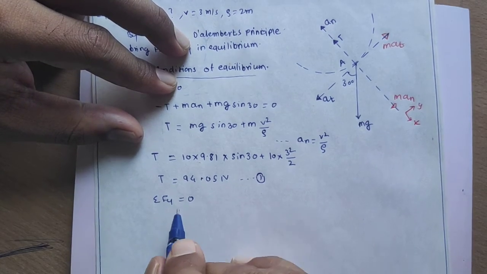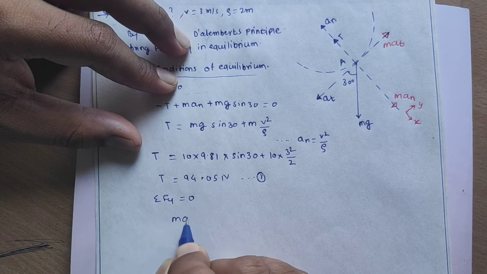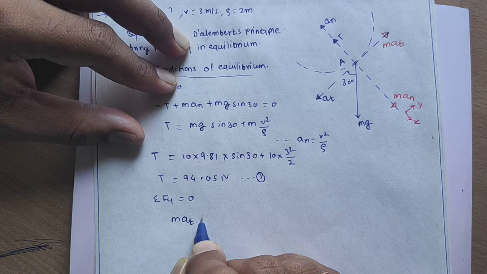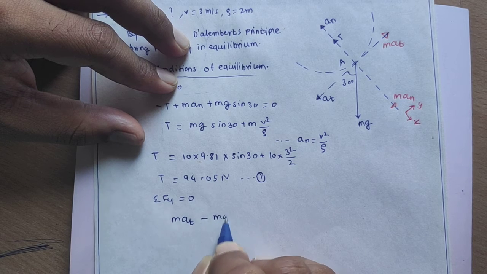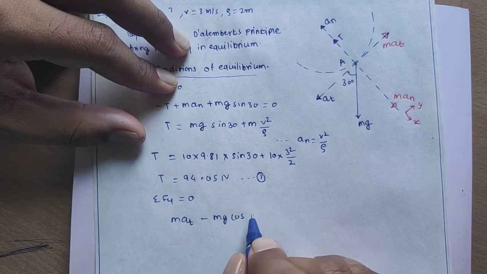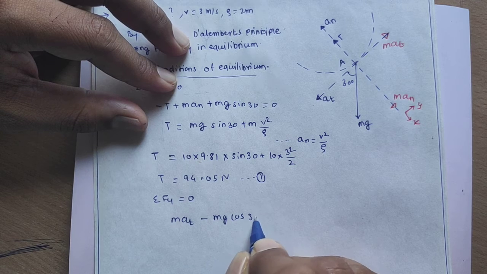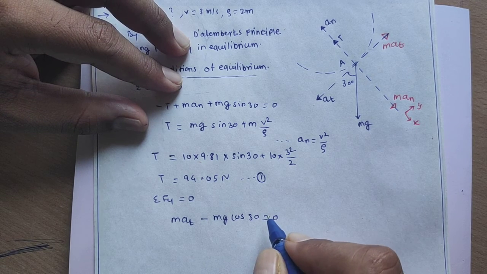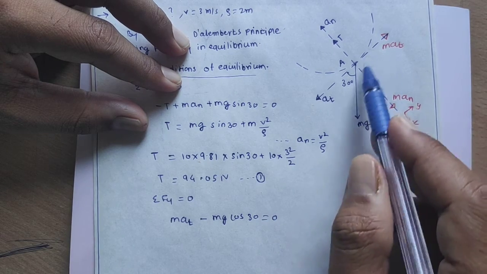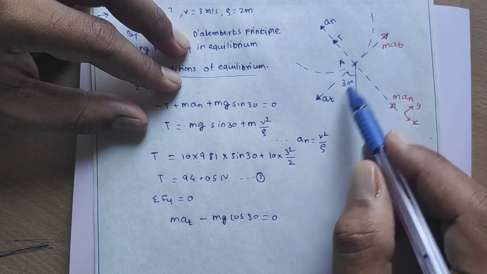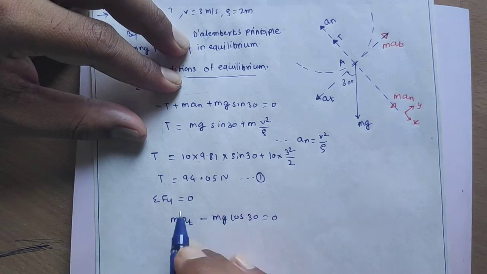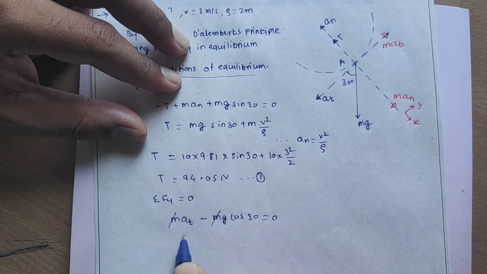So we can write MAT minus mg cos 30 is equal to 0. Here this direction is positive, so MAT will be positive and mg cos 30 will be negative. Here m and m will get cancelled.